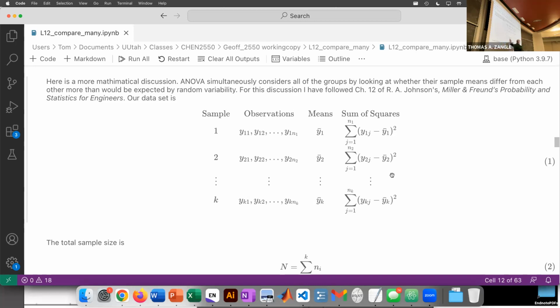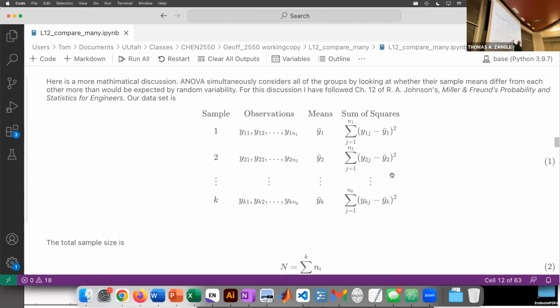Within each sample, we have observations that go from 1 to n_k, so n_k is the number of observations of sample k. So if we had 133 infielders in our data set, and that was group number 3, so k is equal to 3, we had n_3, or n for infield, of 133. So we have a certain number of observations.